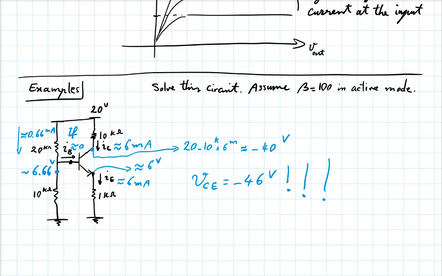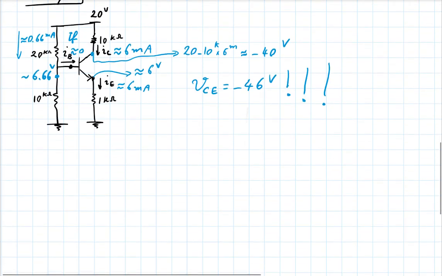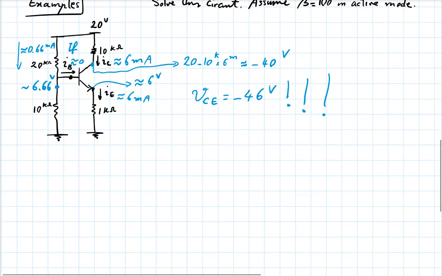Now I want you guys to think about what happens as I do this. If instead of this 10K, we had a variable resistor, okay? Imagine, I'll redraw this.